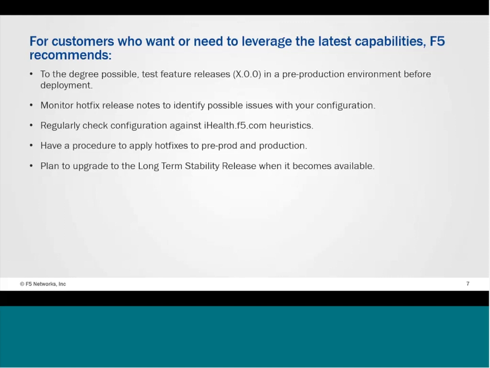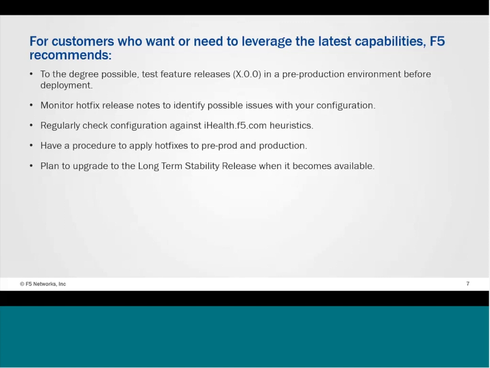So when we get to 11.5.3, we've had some hotfixes released, such as I think hotfix 1 and 2, but there won't be a hotfix 3 because we've now had 11.5.4 released. So 11.5.4 could qualify in a way to be 11.5.3 hotfix 3.